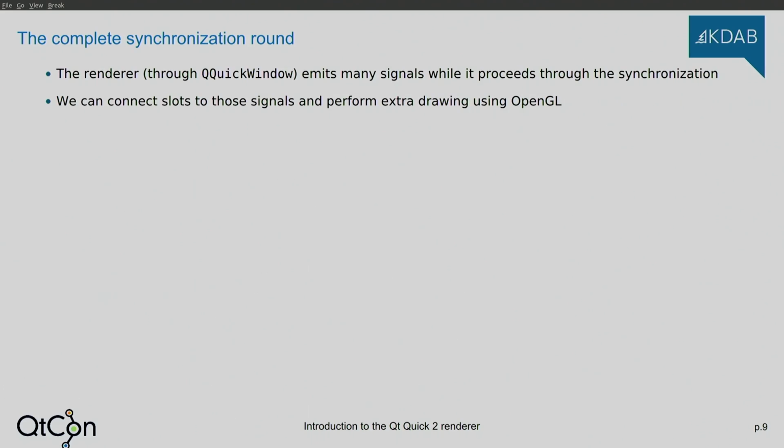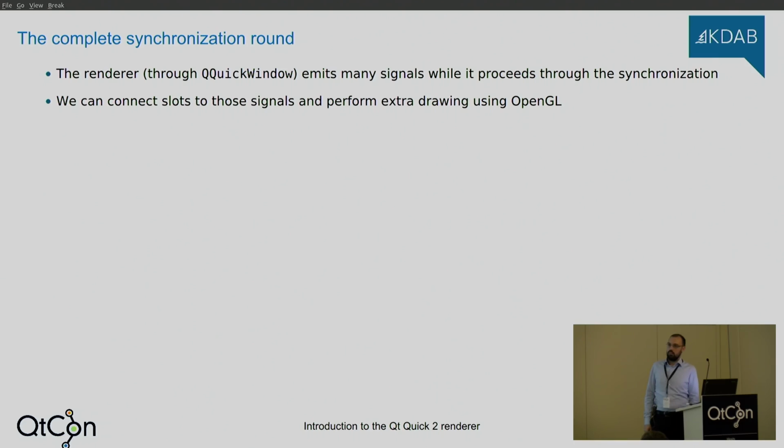Now, this story is interesting because through this process, the renderer emits many signals. It will emit Qt signals in C++ that we can listen to, and we can use them to intervene during this process in order to inject custom draw calls.